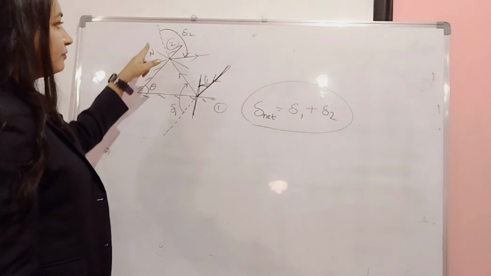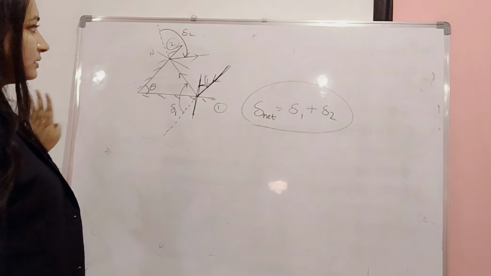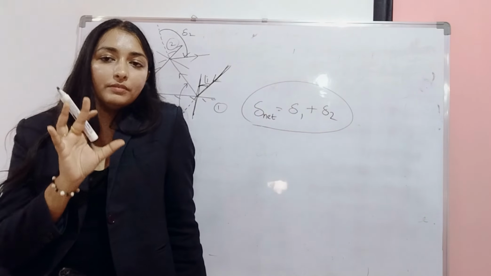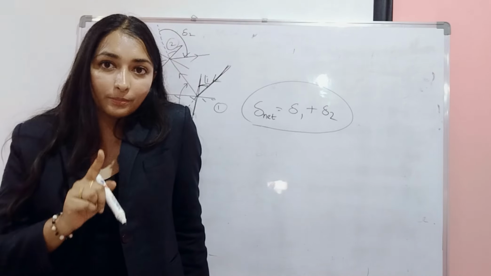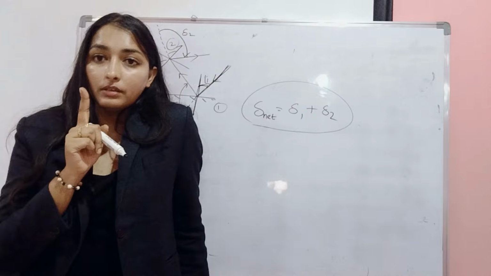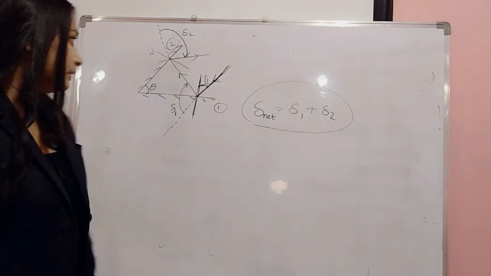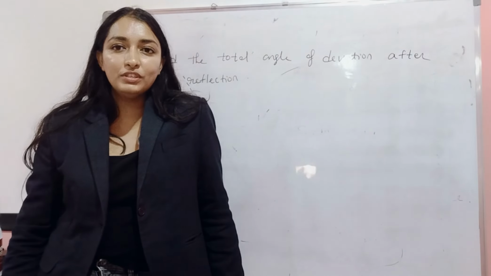So total angle of deviation does not depend upon angle of incidence. Is it clear? So for more than one reflection, you take the sum of angle of deviation of reflections along with the sign. Is it clear? Let us do a problem on finding total angle of deviation.